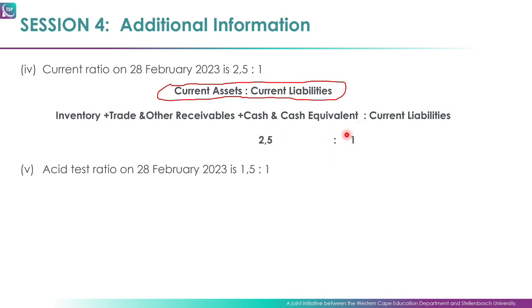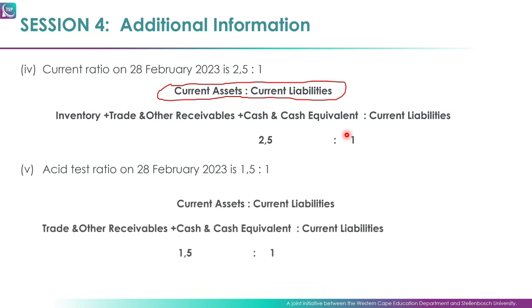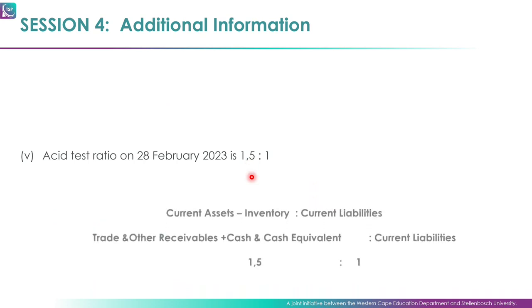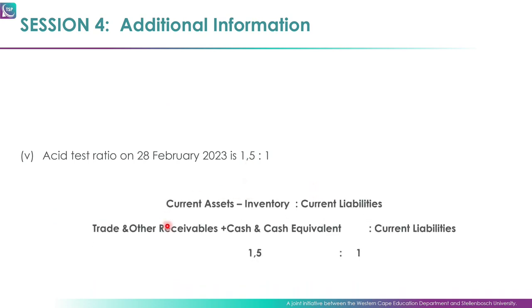The next piece of information given under additional information was the asset test ratio on the 28th of February. The asset test ratio is 1.5 to 1. And what does that mean? It's looking at our current assets minus the inventory, and comparing that to your current liabilities. That can be written out differently.